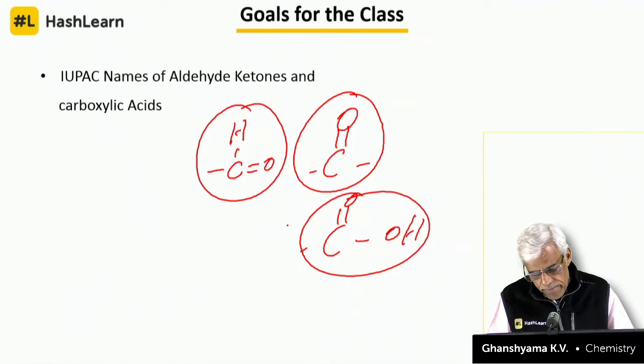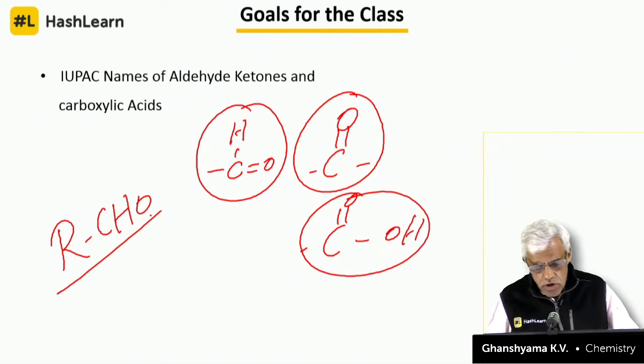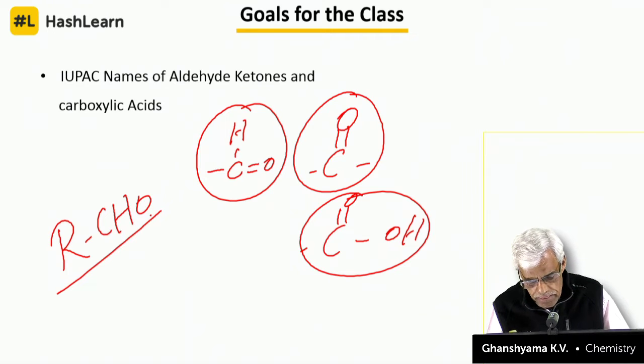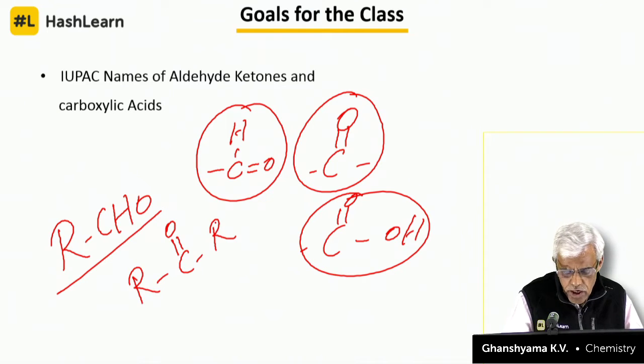Okay. Now, what is the general formula? The general formula of aldehydes is RCHO. The general formula of ketones is RCOR.